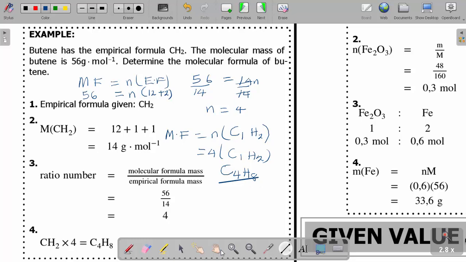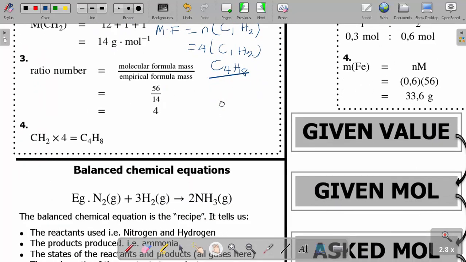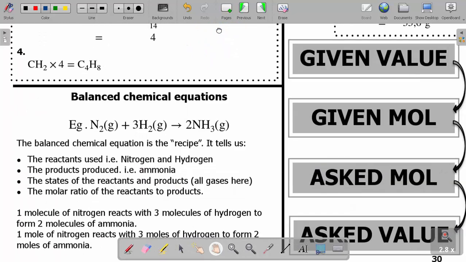Now we use balanced chemical equations. For example, nitrogen gas plus hydrogen gas to give us 2 ammonia. The balanced chemical equation is the recipe. It tells us the reactants used, nitrogen and hydrogen, and the products produced, that's ammonia.